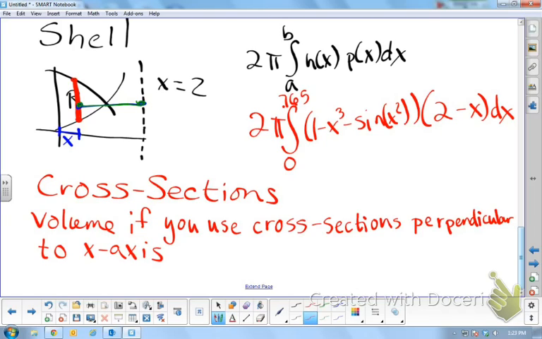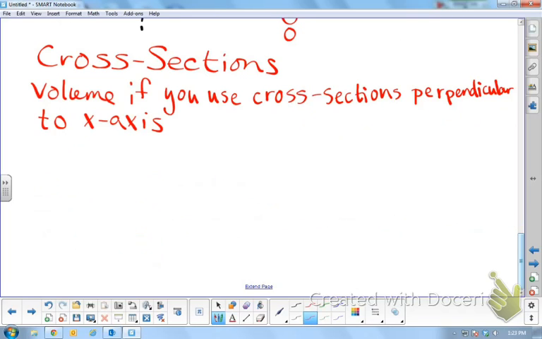We have squares a lot of the time. Let's do a half circle. Referring to the x-axis, that are half circles.